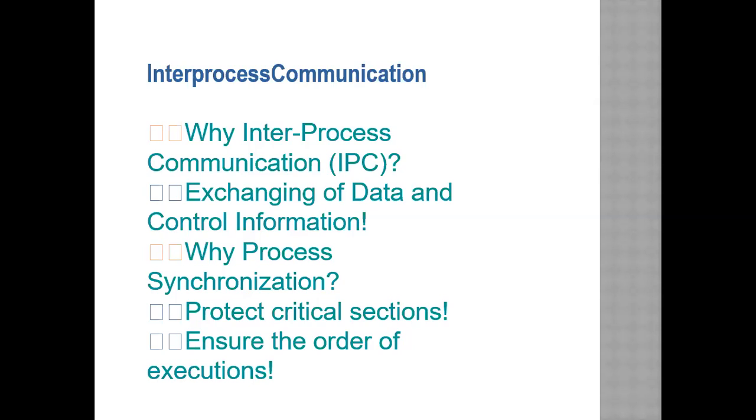So interprocess communication is very important for us to understand the communication between the processes, so that it can effectively utilize the resources and they can be shared among the processes. Interprocess communication plays a greater role in all aspects, in the exchange of data and control information.